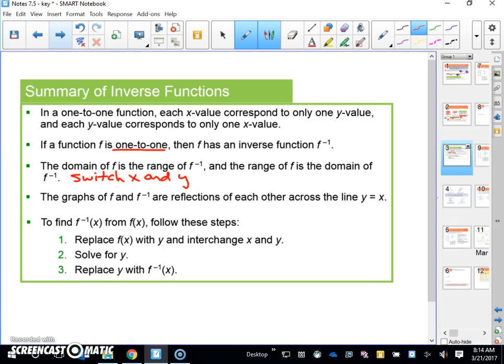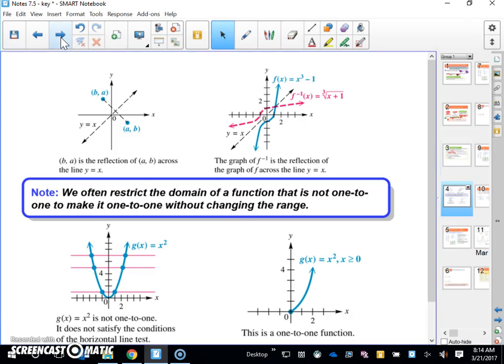And then down here is kind of how to find an inverse of a function. You can look at these 3 steps, but that looks more like what we did in college algebra. We won't be doing a whole lot of that. Then this next picture, B A is the reflection of A B. Again, in order to find the inverse, you're switching x and y, and here they're talking about the reflection.